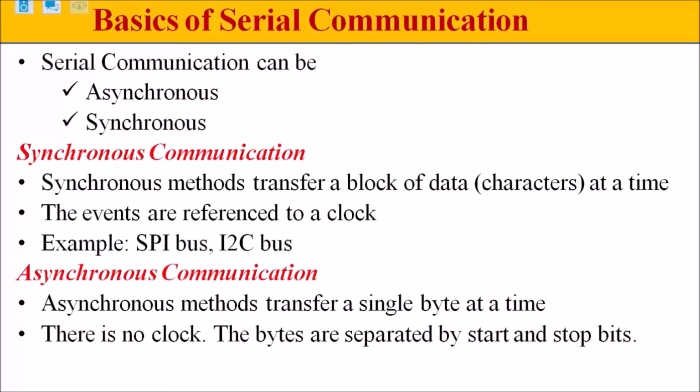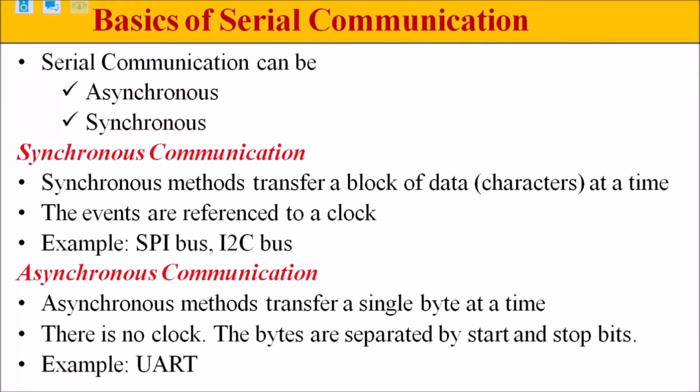Then only the receiver can receive proper data transmitted by the transmitter. Otherwise, if the transmitter is faster, the receiver is slower, and there is no synchronization, then the receiver may lose some data. So to make this asynchronous communication synchronized, some format is used while transmitting data.